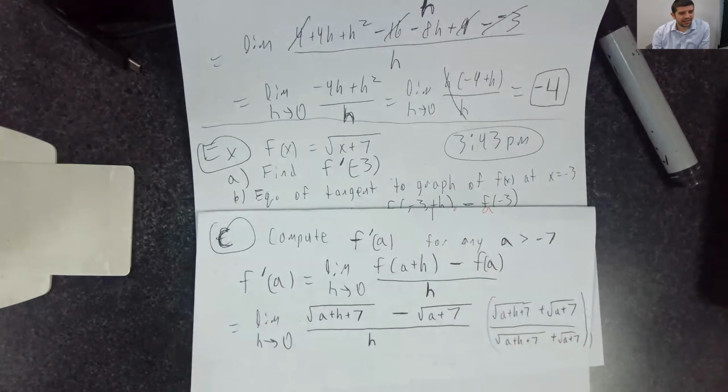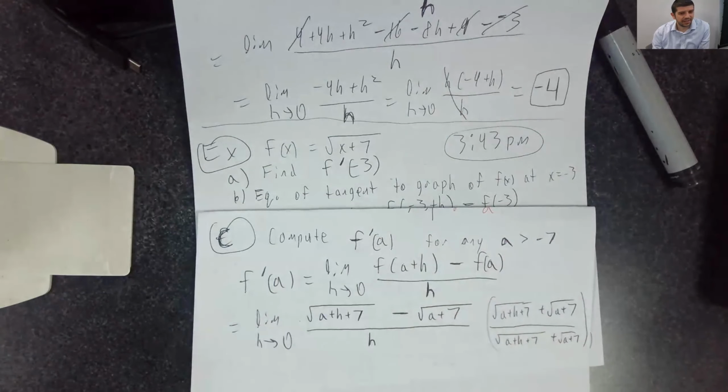The plus and minus radicals cancel, and then minus radical a plus 7 times radical a plus 7, a plus 7. Just put parentheses or you're doomed. It won't cancel if you don't put parentheses. You need the parentheses. Be careful with that. Divided by h times radical a plus h plus 7 plus radical a plus 7.